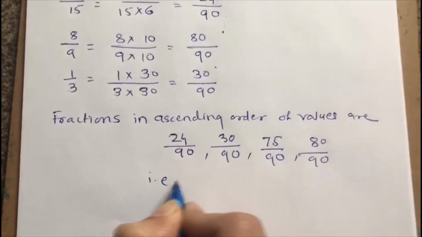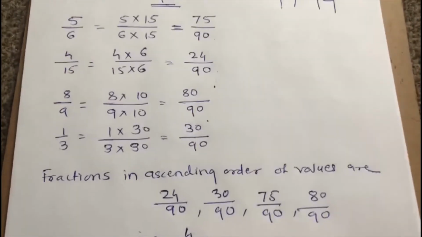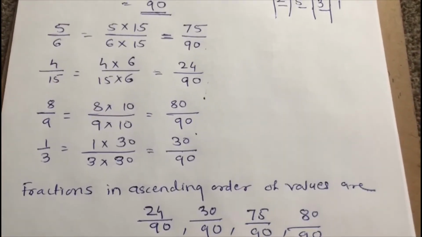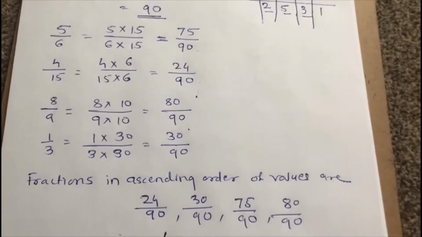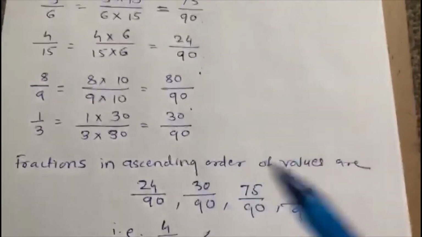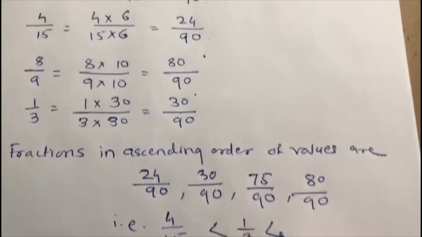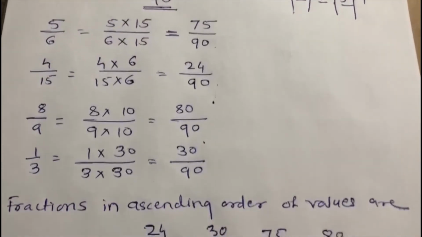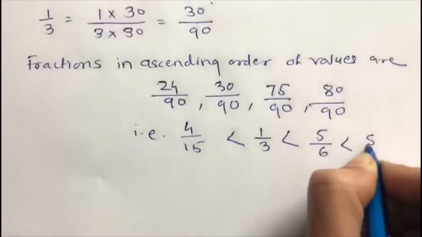That is, 24 by 90 means 4 by 15, which is less than 1 by 3, which is less than 5 by 6, which is less than 8 by 9.